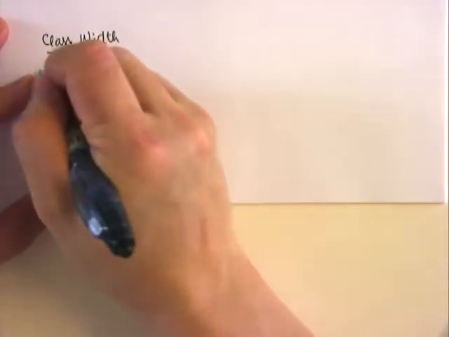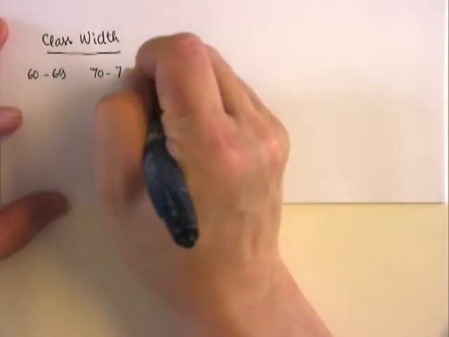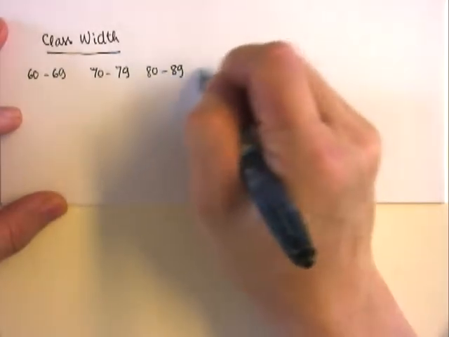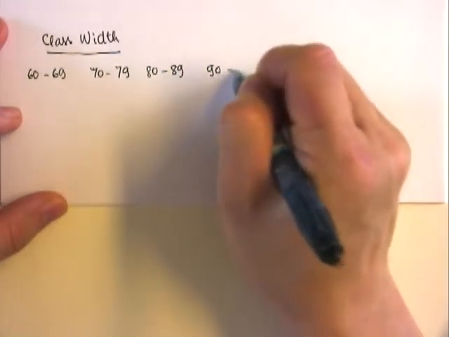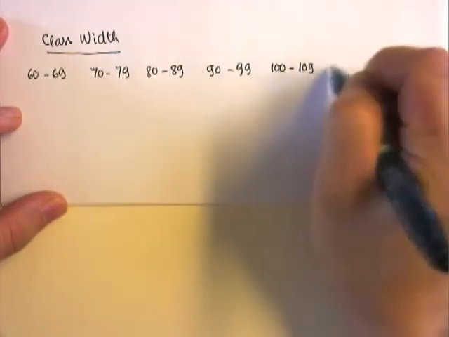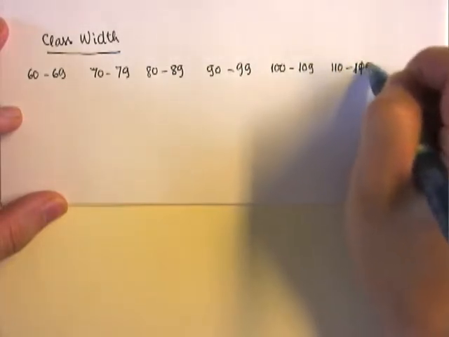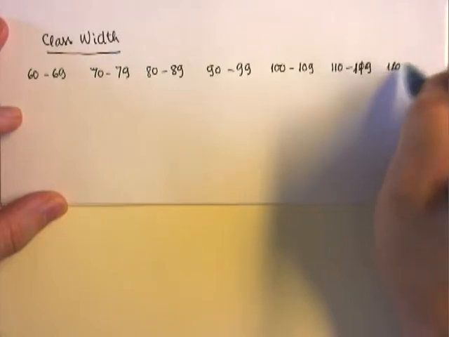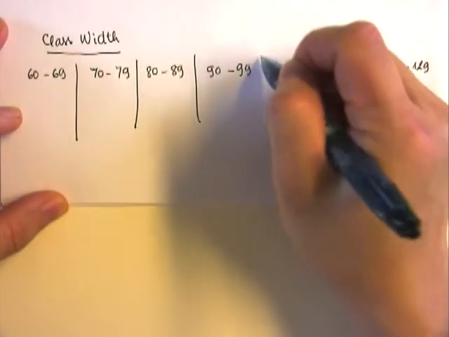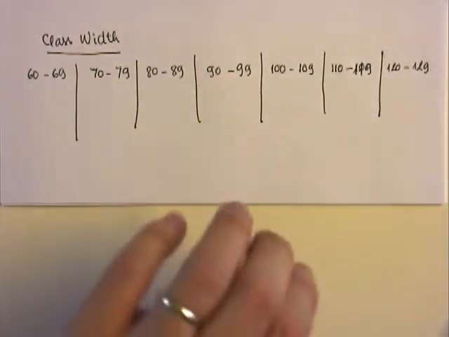If you look at each class once again, 70 to 79, here I have 80 to 89, 90 to 99, 100 to 109, 110 to 119, and here I have 120 to 129. Before I get started, these are the classes back in the frequency distribution for data 1.